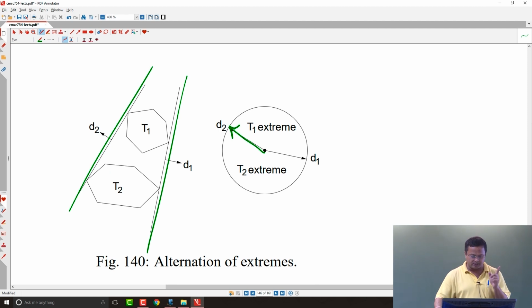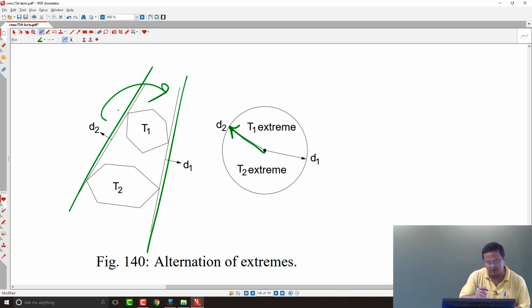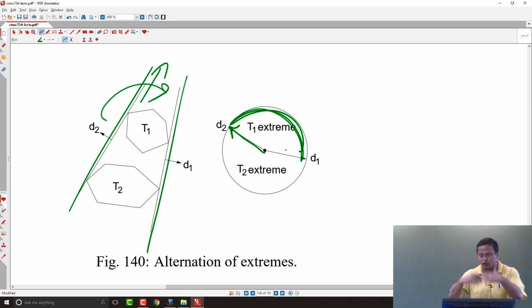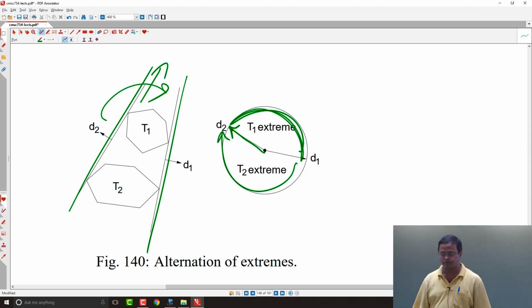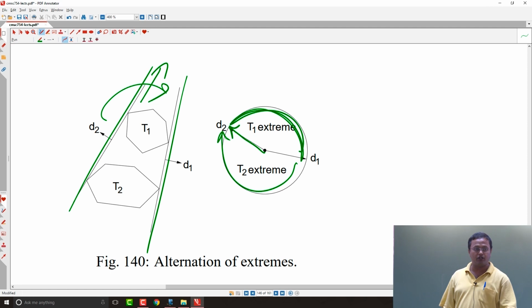Now, if you start rotating this, in these directions T1 will be extreme. These are convex shapes, disjoint interior. So, there you will have a continuous domain in which T1 would be extreme, then we switch over to a direction in which T2 would be extreme, fine. So, this is a property of convex polygons with disjoint interior.